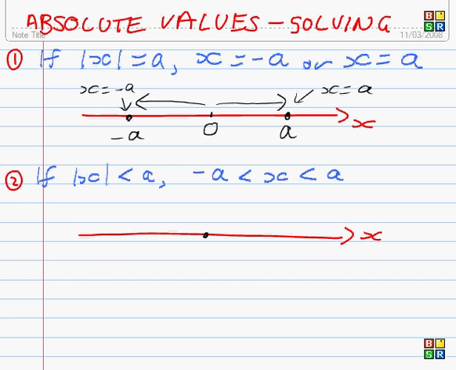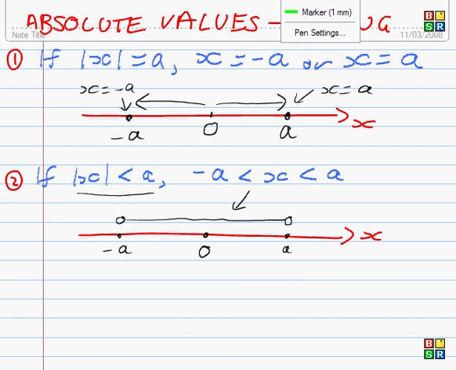If this is the origin here, and this is telling us absolute value of x is less than a, it means we're moving away from the origin less than a distance of a. So if we're moving away less than a distance of a, then we must actually be somewhere between minus a and plus a. So where we are is somewhere along that line there, and of course that line there is x between minus a and plus a.